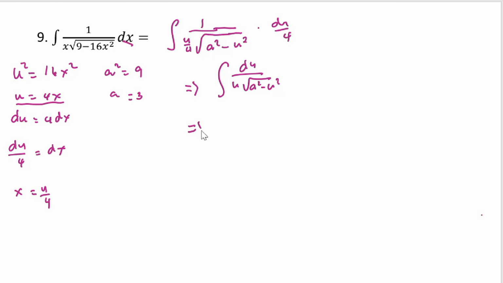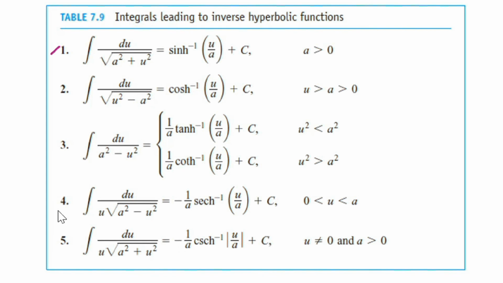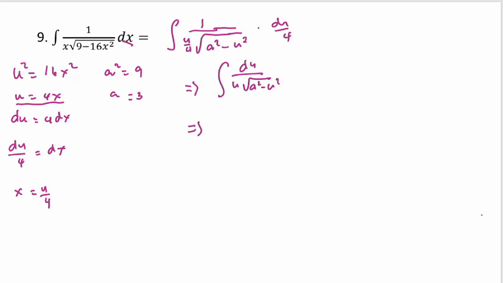Now, using formula number 4, for du over u times the square root of a squared minus u squared, the result is the negative of 1 over a times the inverse hyperbolic secant of u over a plus a constant.